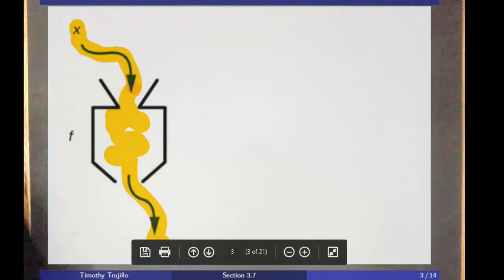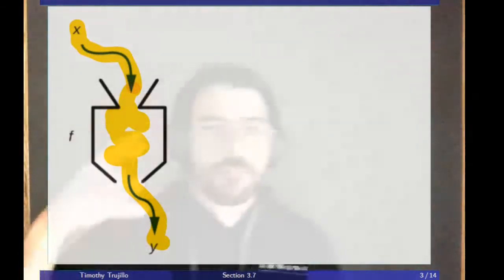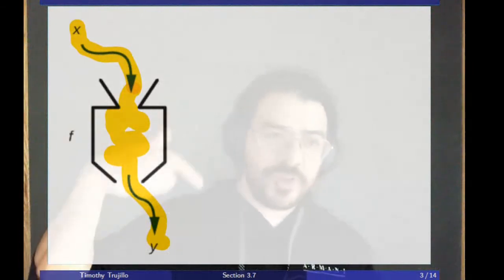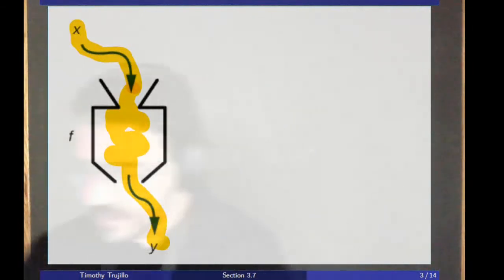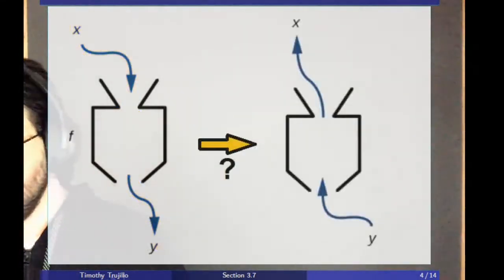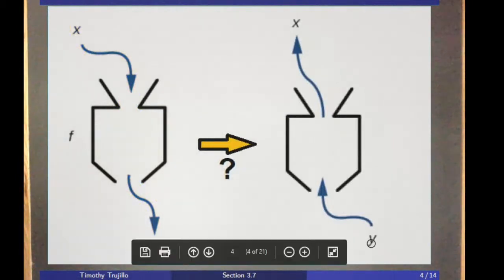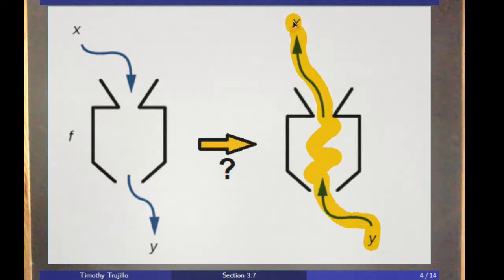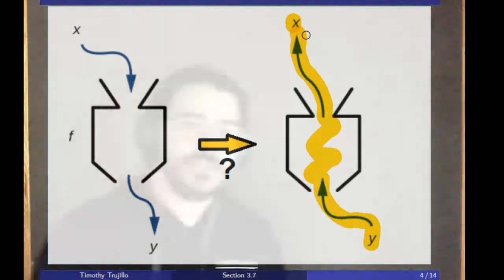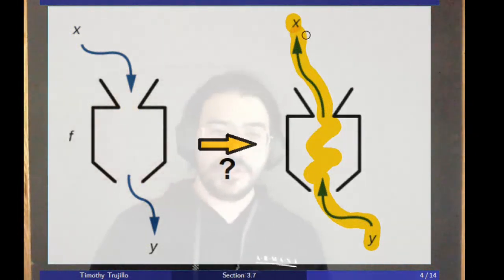And what we've been talking about graphically is what happens if we take the input and treat it like it's the output. So what does that mean? That means we have a picture like this. Is it possible to instead treat the output y like an input, reverse this process, and come out with the output x? And what we've already seen is that graphically, the answer is sometimes.